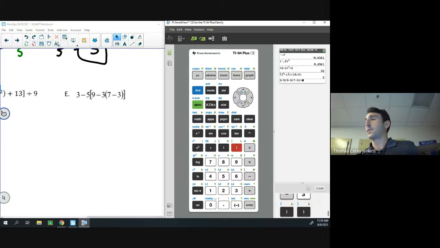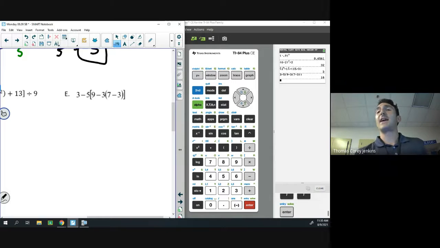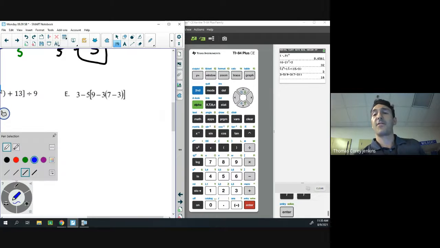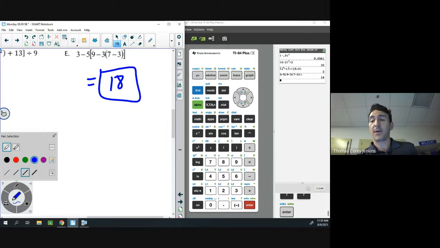I'm going to close both parentheses and then hit equals. And then you get 18. 18 is correct. If you work it out line by line, you should end up with 18. But again, just to save a little bit of time for the video, we're going to leave it there.